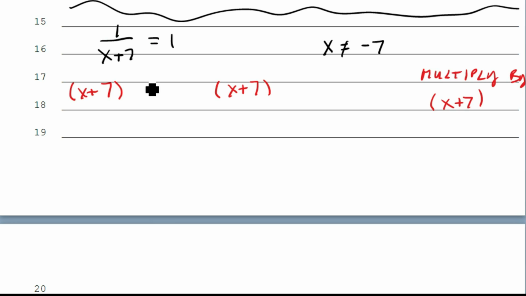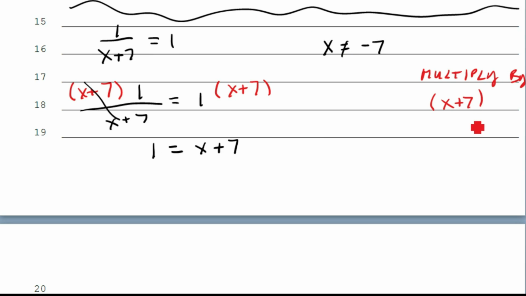And the rest of it stays the same. 1 over x plus 7 and the 1 there. And then simplify. This goes out, so we have 1 equals 1 times x plus 7.